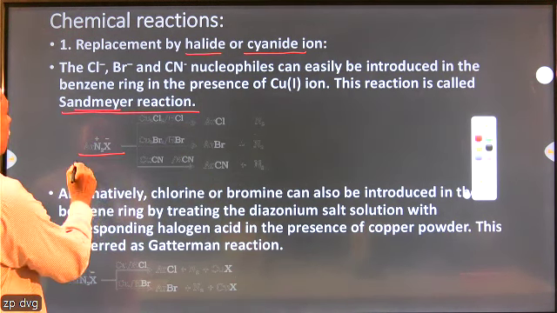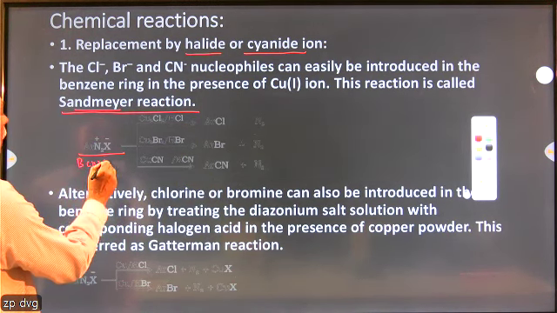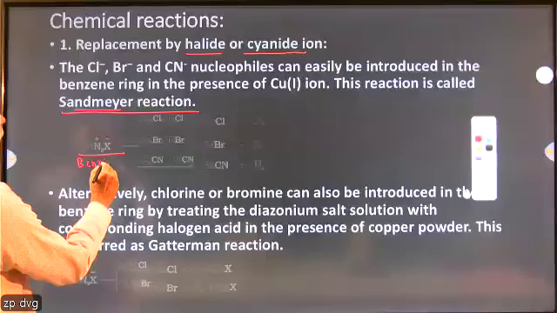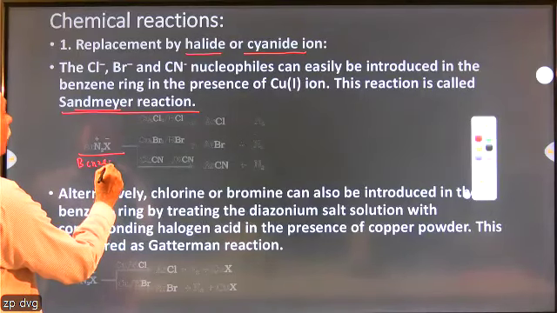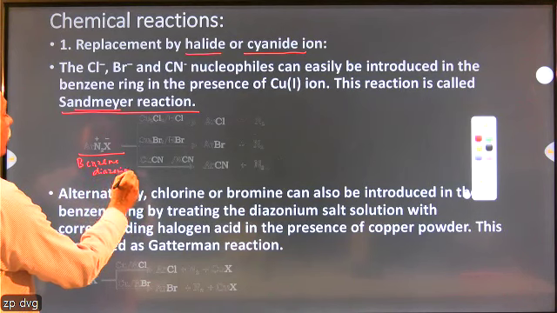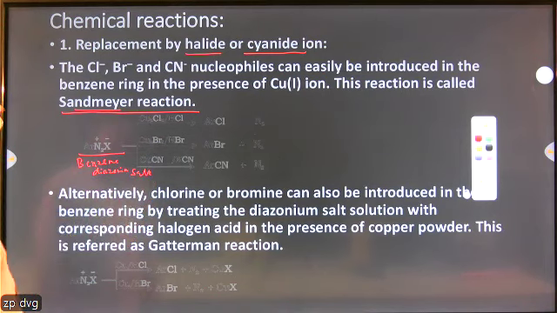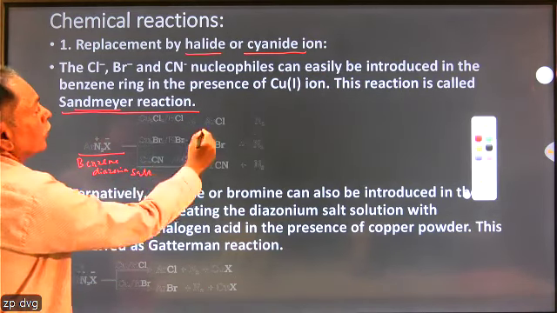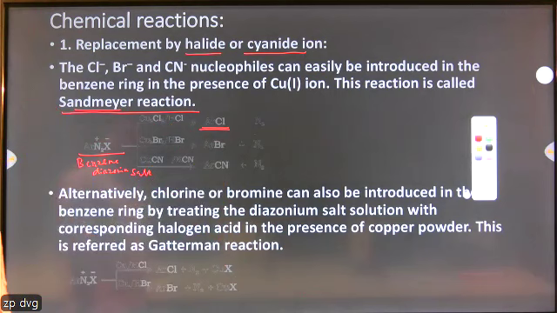As you can see here, this is benzene diazonium chloride, an arene diazonium salt. When this is treated with cuprous chloride and hydrochloric acid, you get aryl chlorides or chlorobenzene.